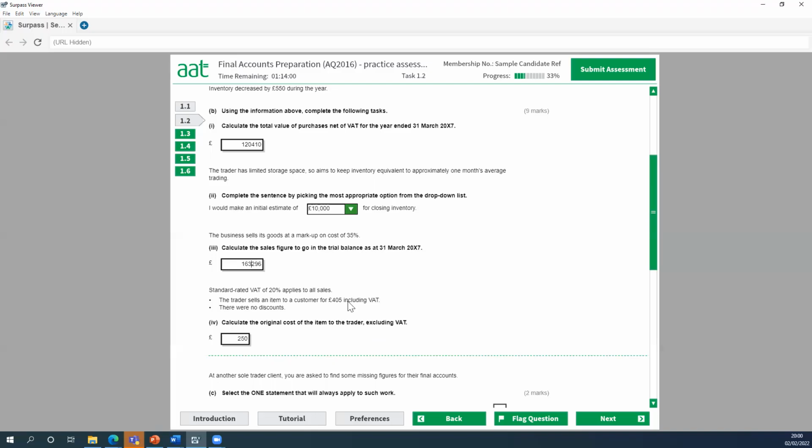The best thing to do is £405 divided by 120, which is the VAT element of it, and then multiplied by 100, which gives you a net figure of £337.50. Say that again: £405 divided by 120, multiplied by 100, gives you a net of £337.50.